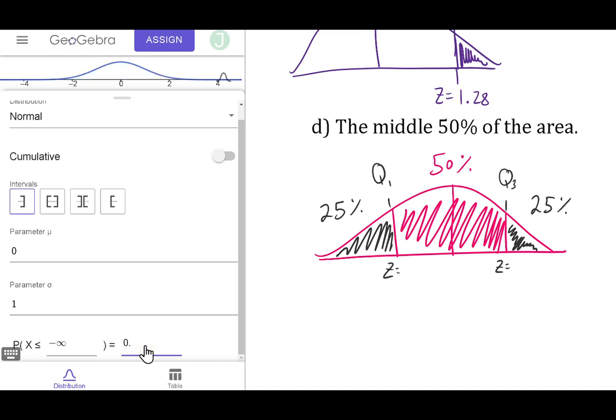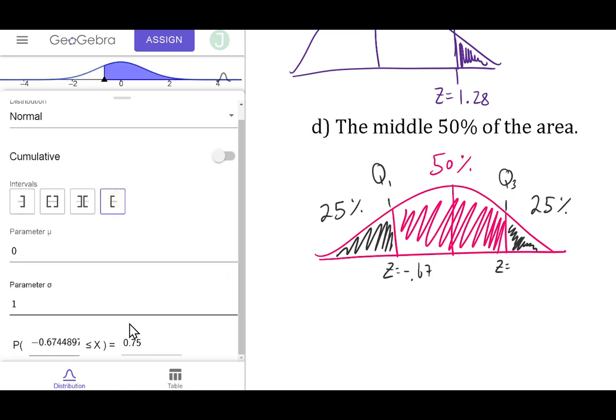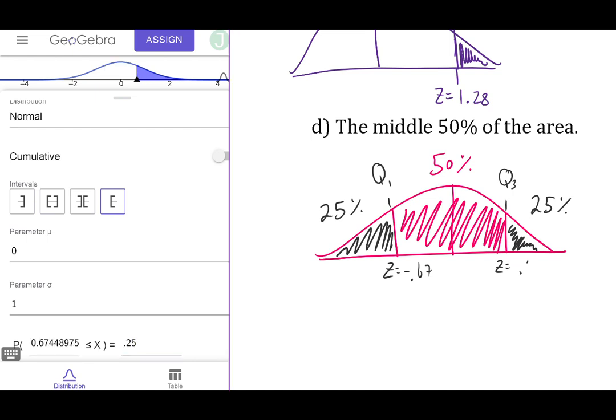So we can just type in 0.25 and make sure it's shaded to the left. We'll get a z-score of negative 0.67. We could change this to the right and make this 0.25 and get a z-score of 0.67.